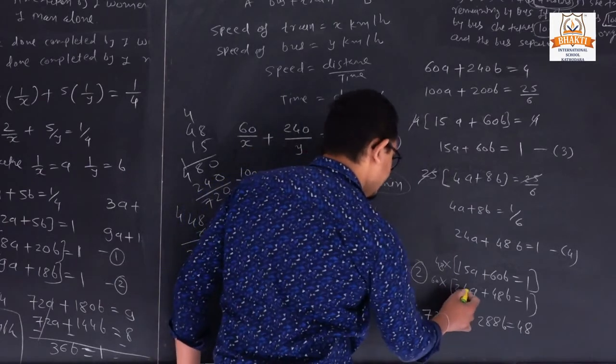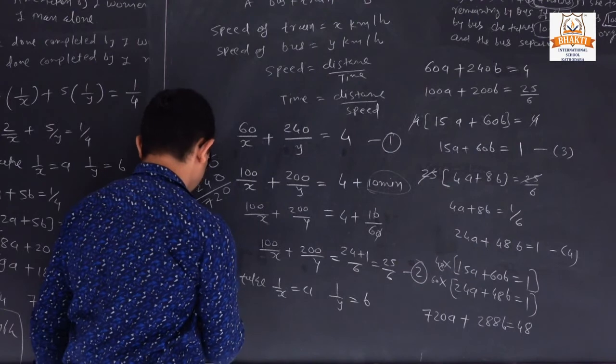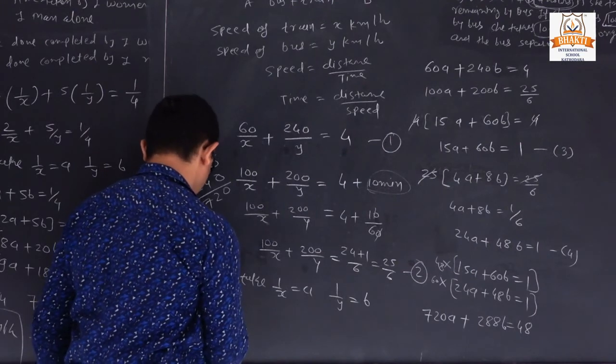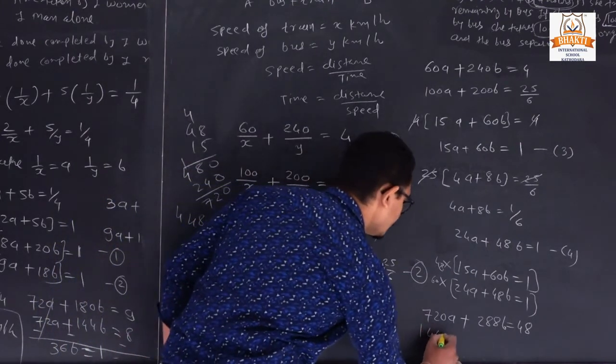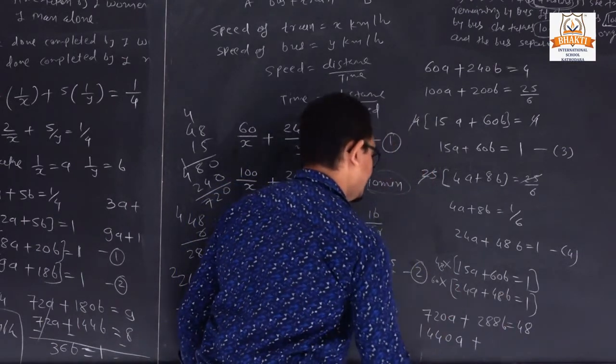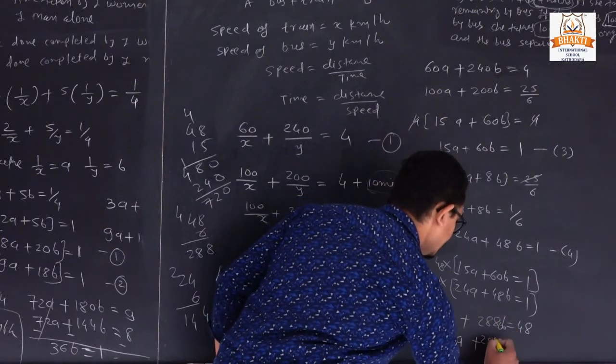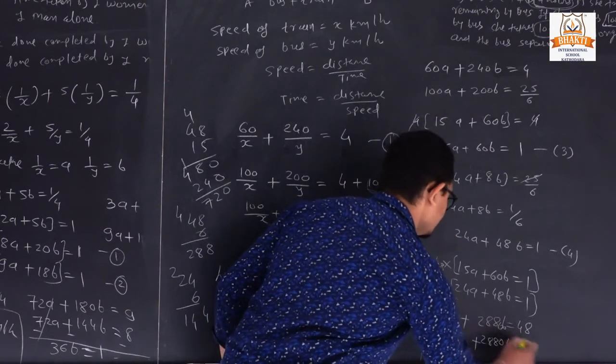Once again 24 into 60, it is 1440a plus 48 into 60, here we can also put a 0. So 2880b is equal to 60.